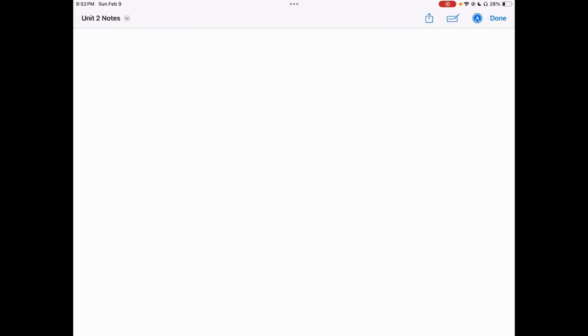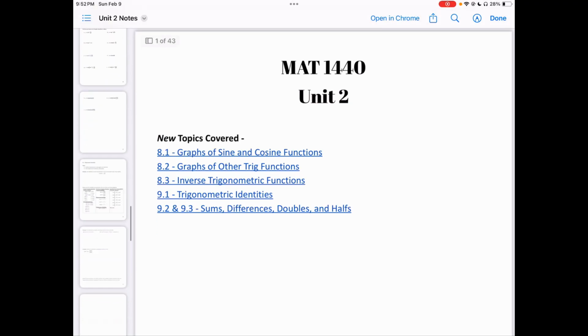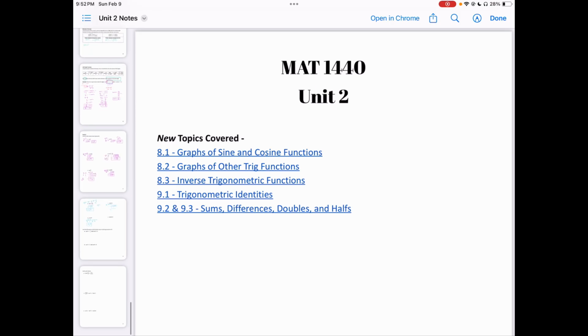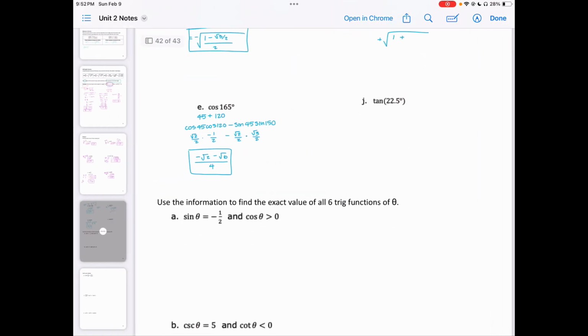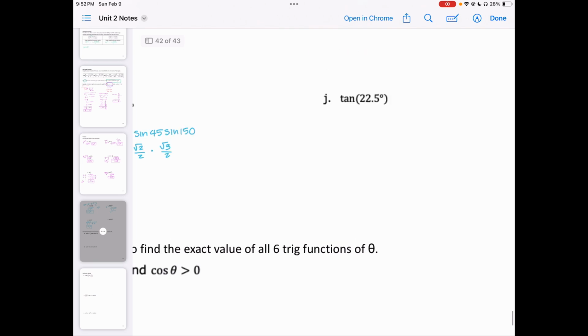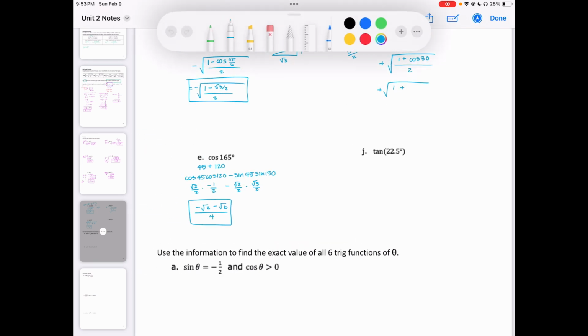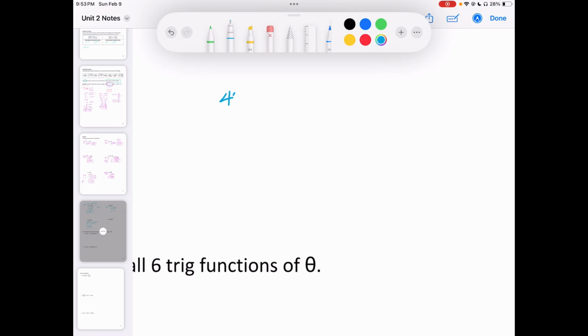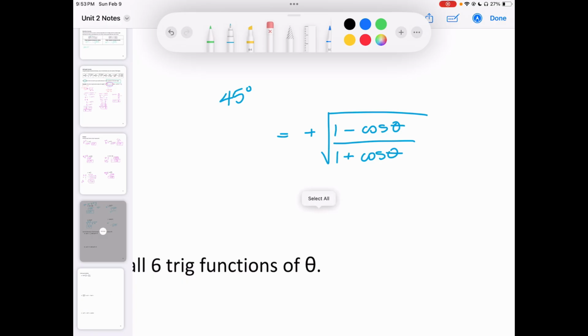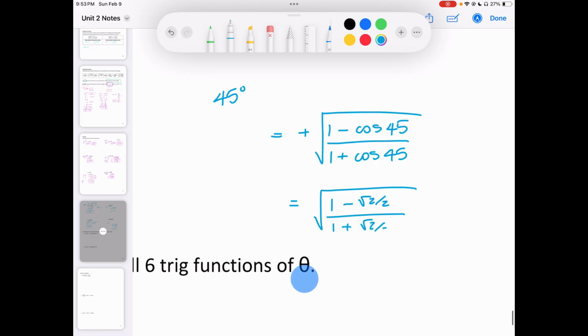So let's see, we had 1 minus cosine theta over 1 plus cosine theta, which was 45. I have 1 minus root 2 over 2 over 1 plus root 2 over 2.